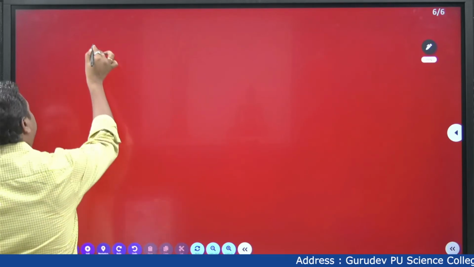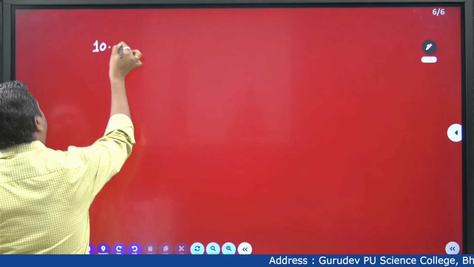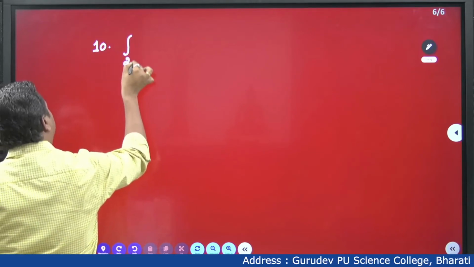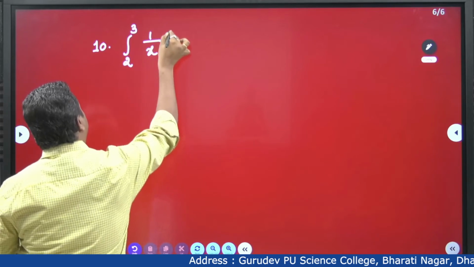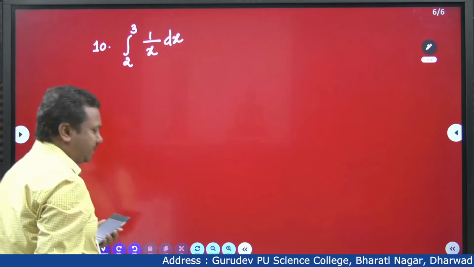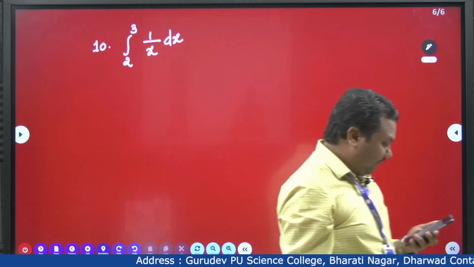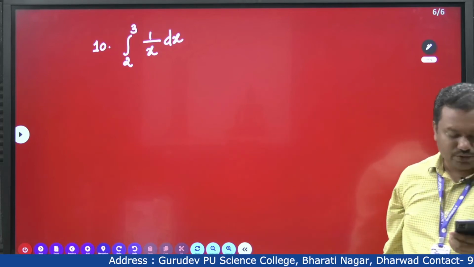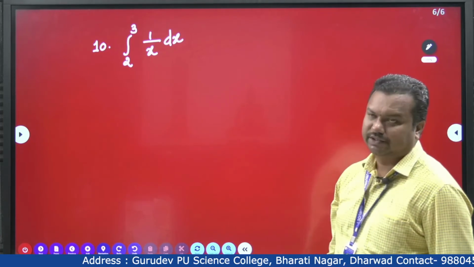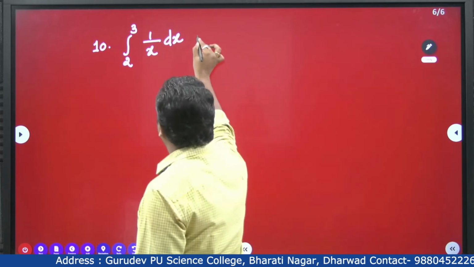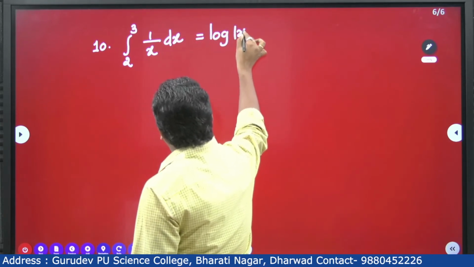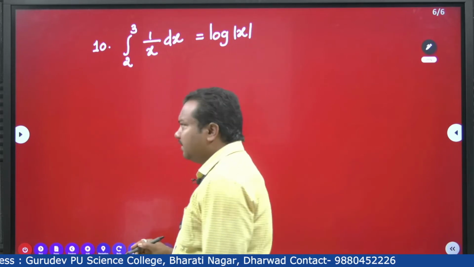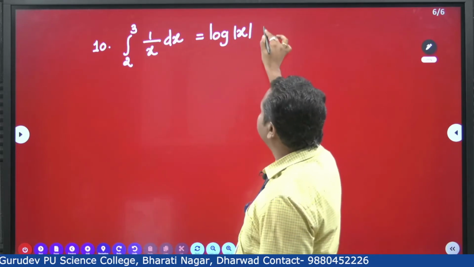Find the integral from 2 to 3 of 1 by x dx. It is on definite integrals. So what is the integration of 1 by x? We know that it is log mod x plus c, but as it is a definite integral, we are not taking plus c.